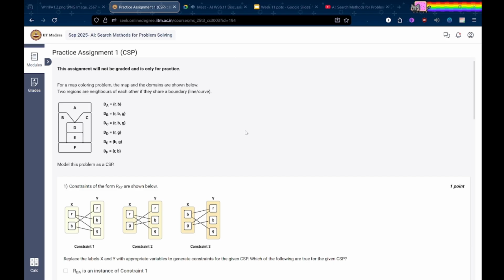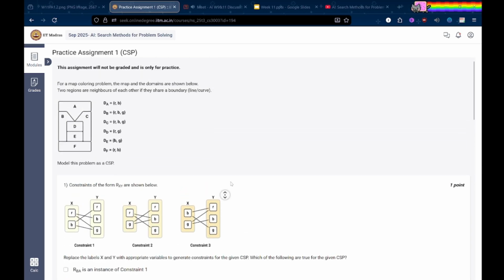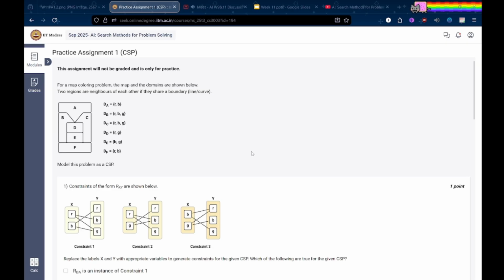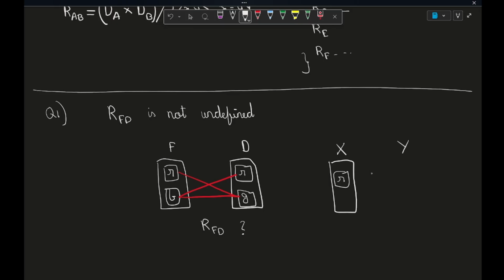Okay, so RFD is undefined. I don't know what an undefined relation means. I believe it would be when it's invalid itself, that we have something like let's say X is and Y is, both are. So here we can't add anything.